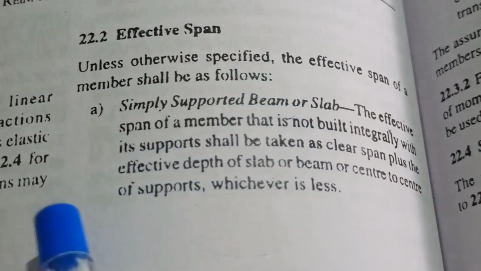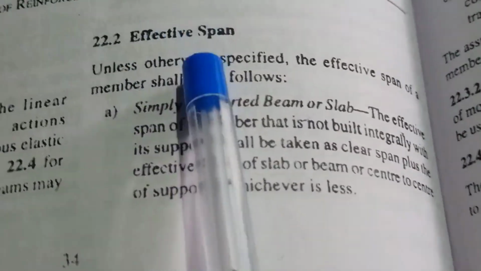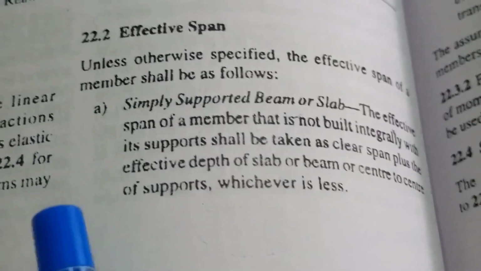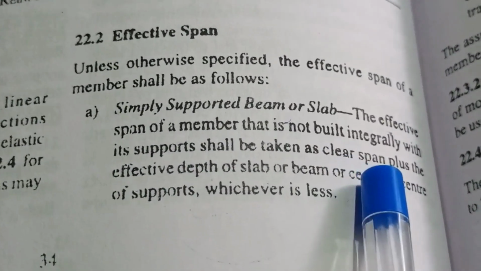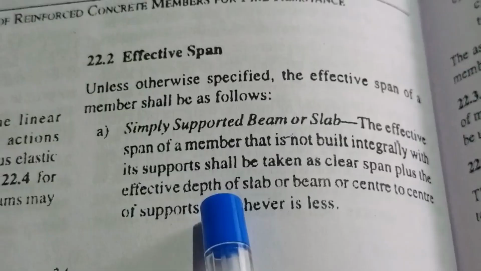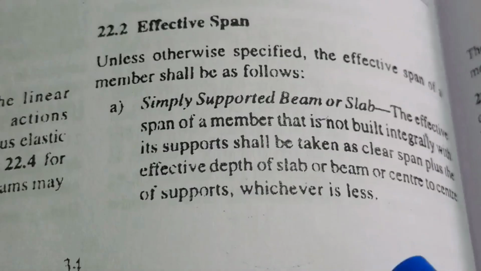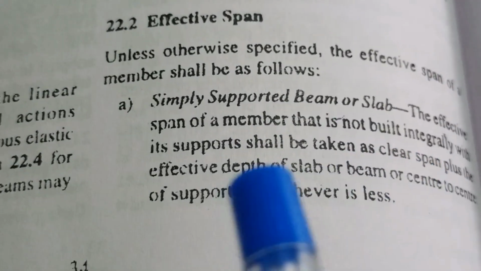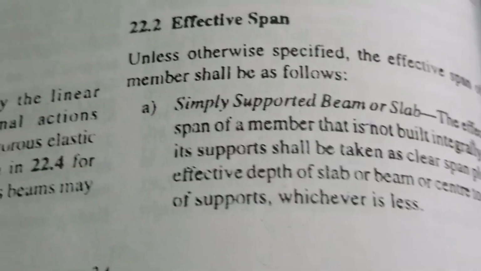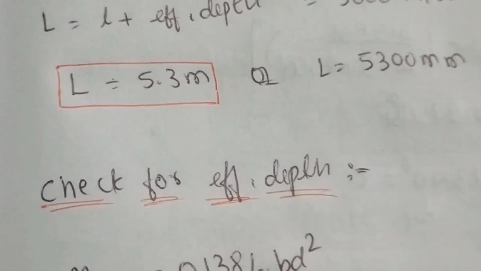whichever is less. What they have said, to calculate the effective span, we should take clear span plus effective depth of beam, or center to center of supports. But in our problem, we have got clear span plus effective depth and support width.